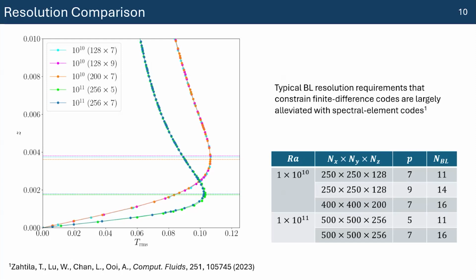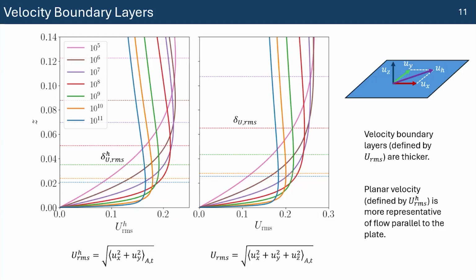For finite difference methods, we might need more points in the domain to resolve all the features of the flow. So what we intend to show over here is that we have been more cautious with the boundary layer resolutions. We have used up to 16 points just to ensure that there is no doubt that the results are reliable.